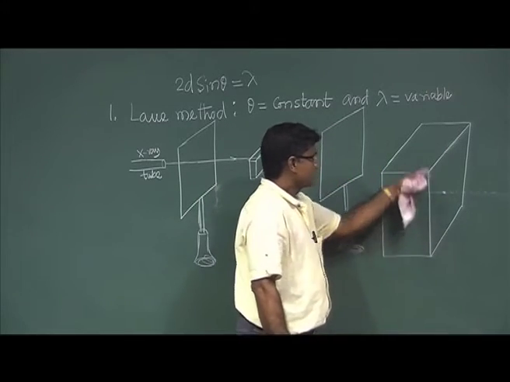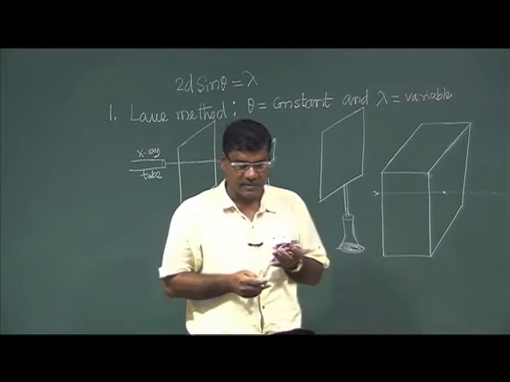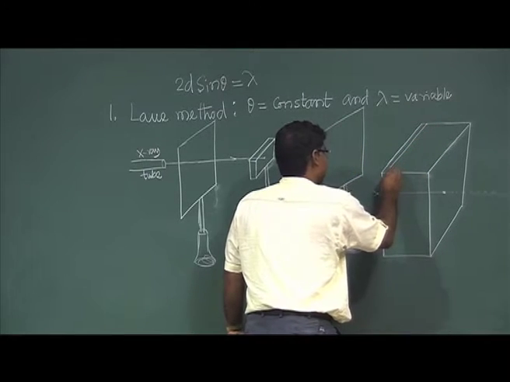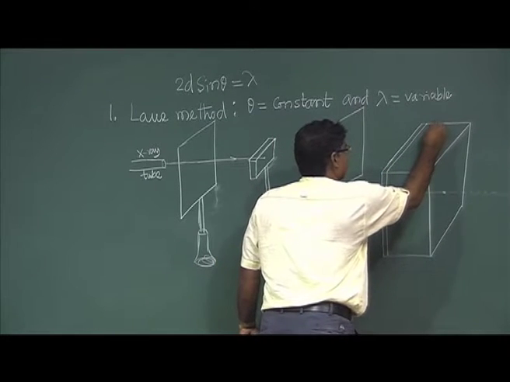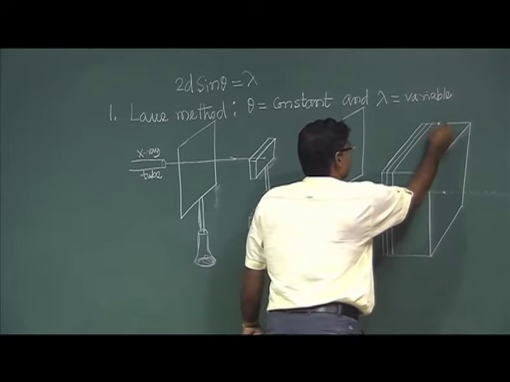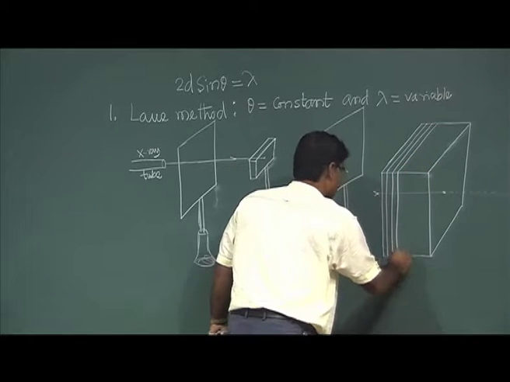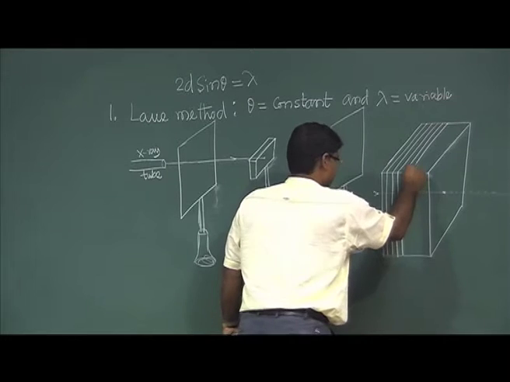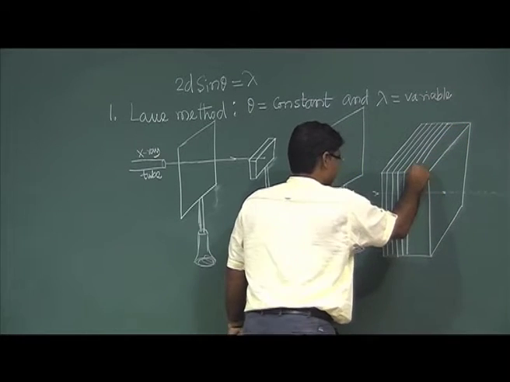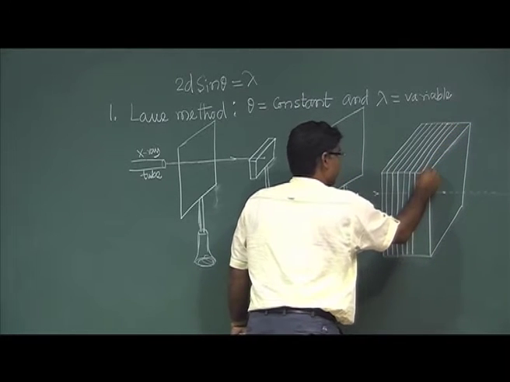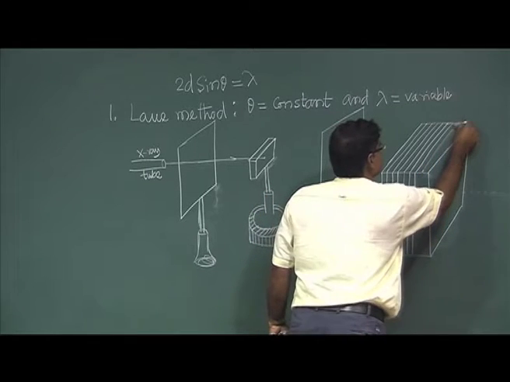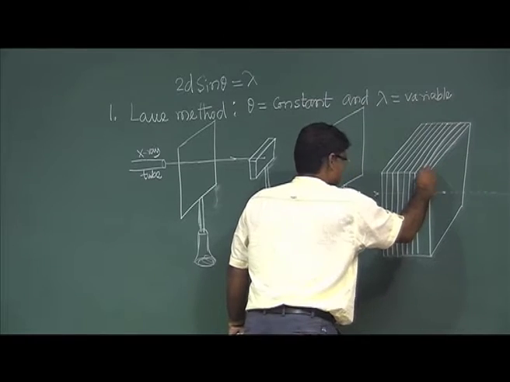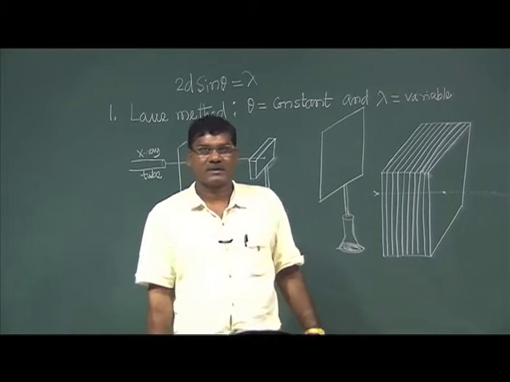This angle. So there is a set of parallel planes. If I just consider one set of parallel planes, these all are equispaced parallel planes. The drawing is not proper, but one can understand.